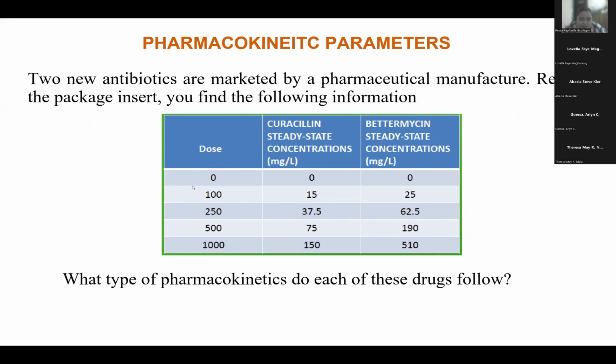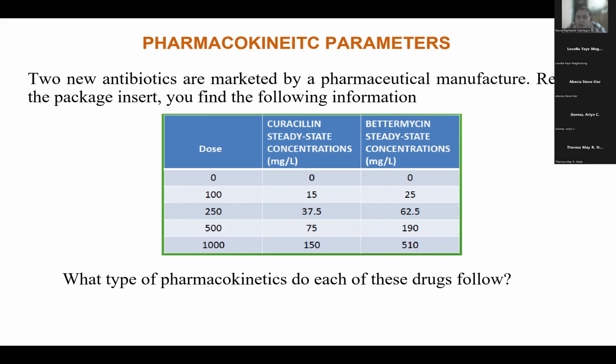So if you are going to administer 100 milligram of the drug, you will reach the steady state concentration. If you reach this one, 15 milligrams per ml, and so on ito. Okay, so ang question, what type of pharmacokinetics do each of these drugs follow?